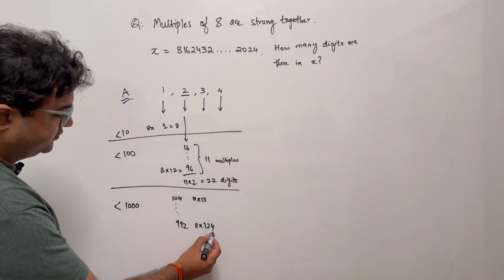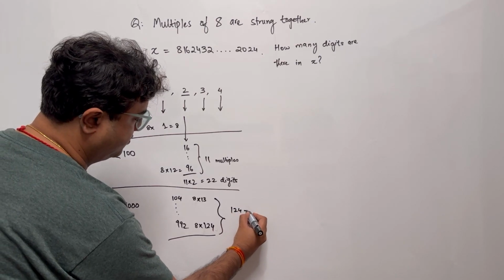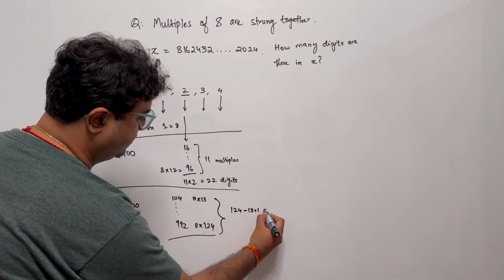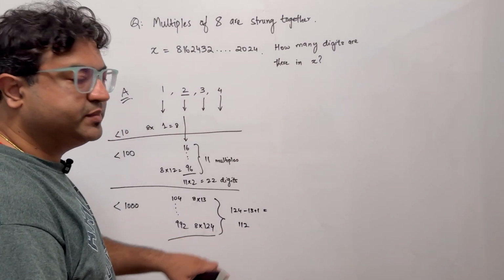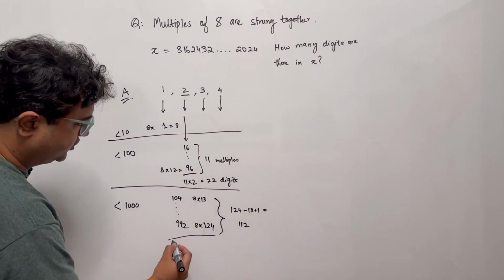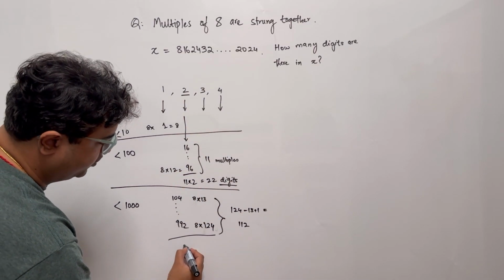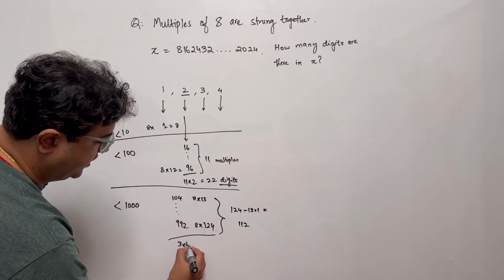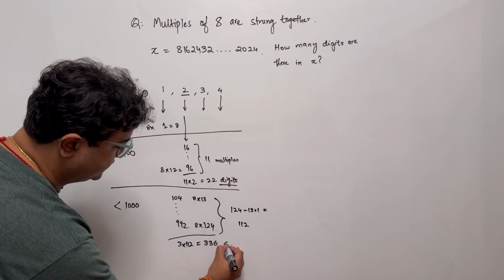Correct? So in total, 124 minus 13 plus 1 is 112. These many multiples are there which will have 3 digits. So the total number of digits that we will get from here is going to be 3 multiplied by 112, which will give 336 digits.